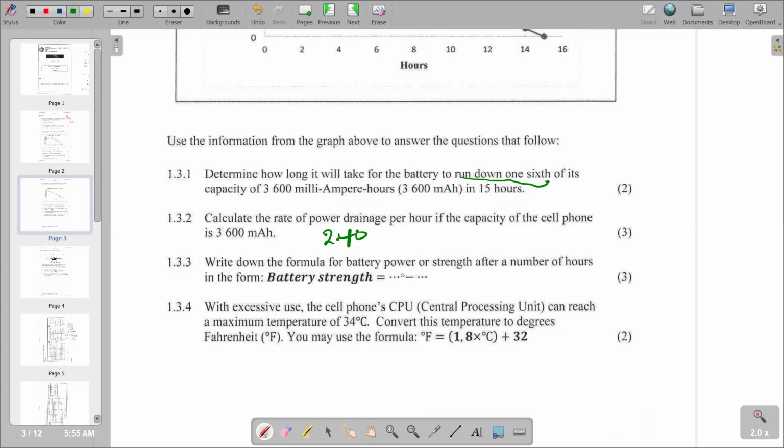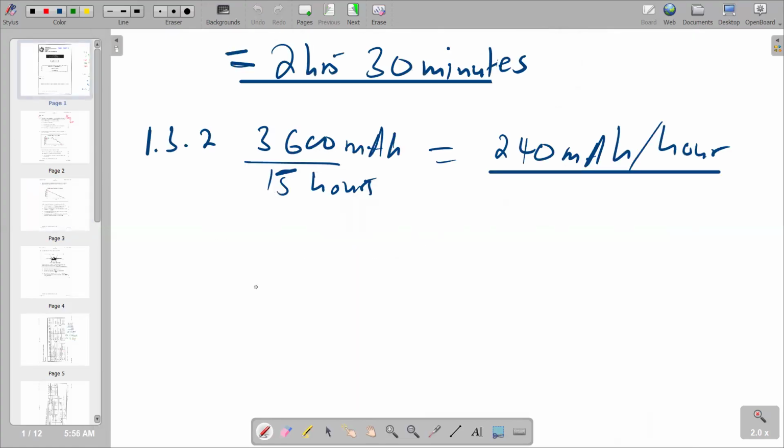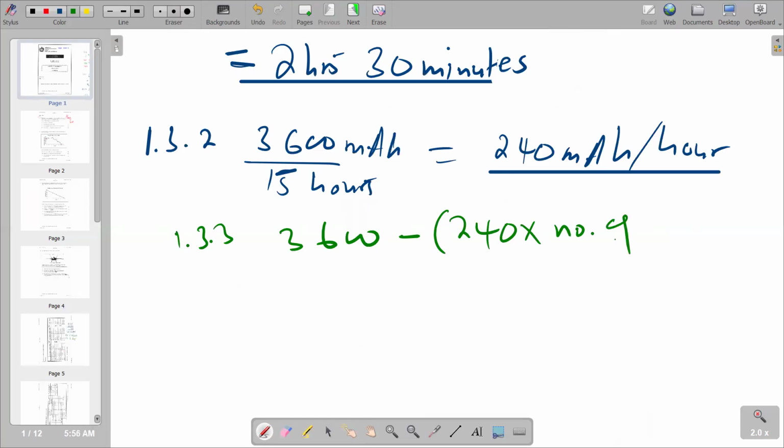The maximum minus the average per hour times the number of hours that has been used. So for 1.3.3, the maximum that we have is 3,600. Then you subtract what has been used, the average 240 times the number of hours used. And then we can come up with the battery strength.